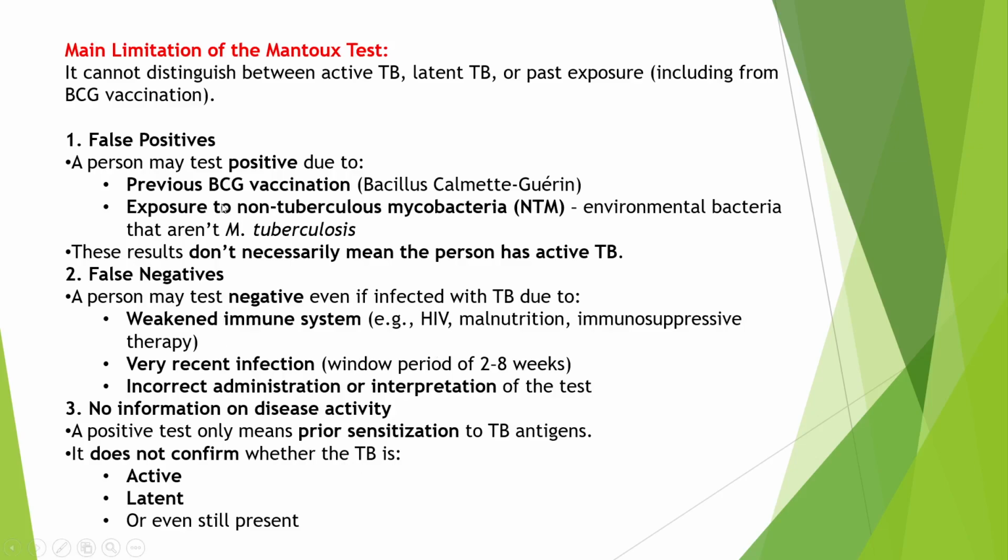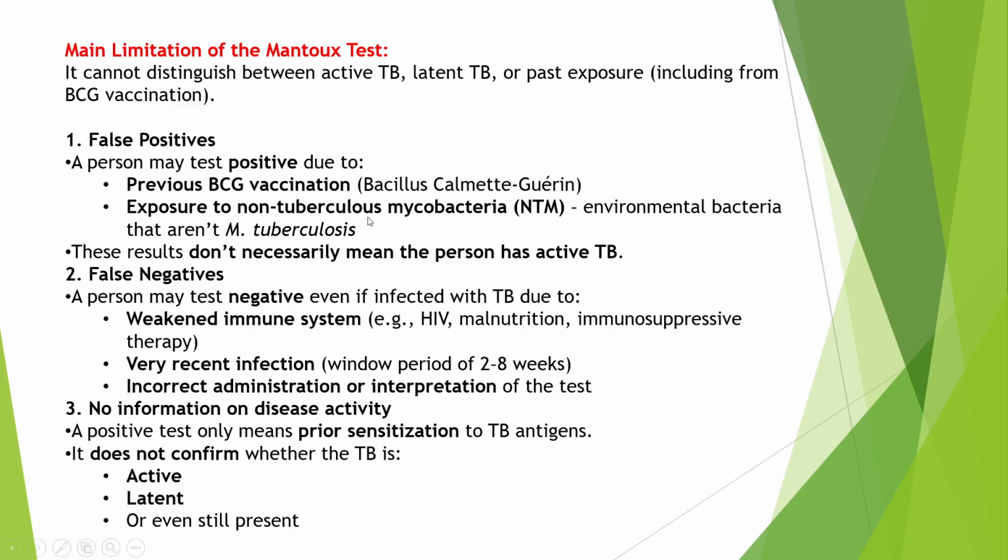So then it results in false positives and false negatives. So a person may test positive due to previous BCG vaccination. So the test might show the person is infected with TB, that is, it is positive, but that could also be because of the vaccination.